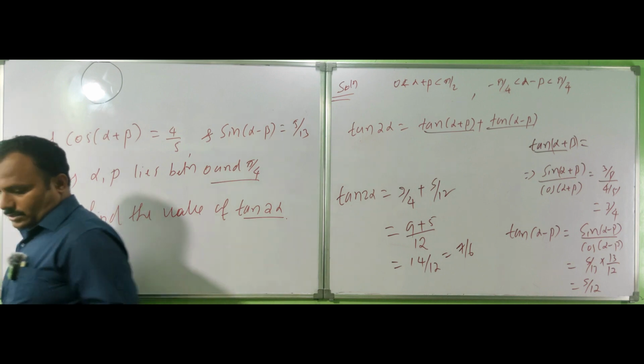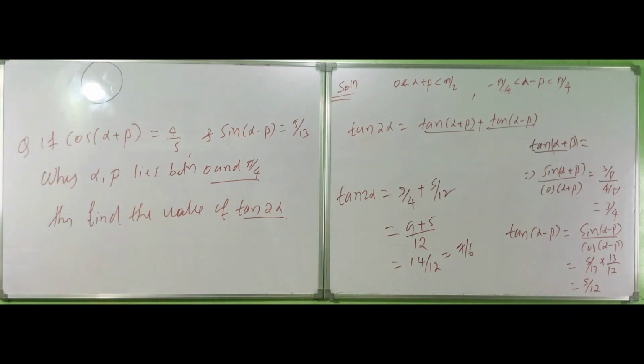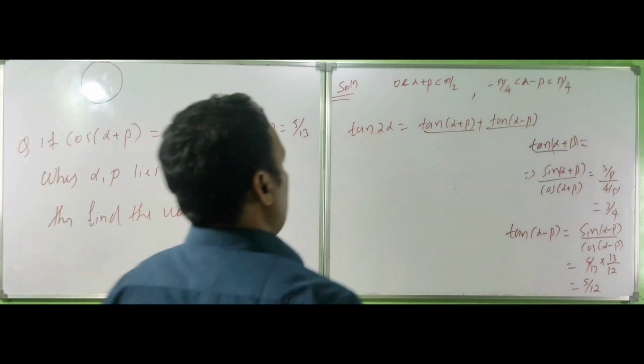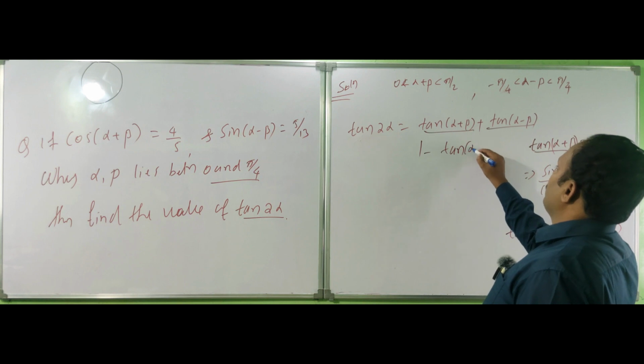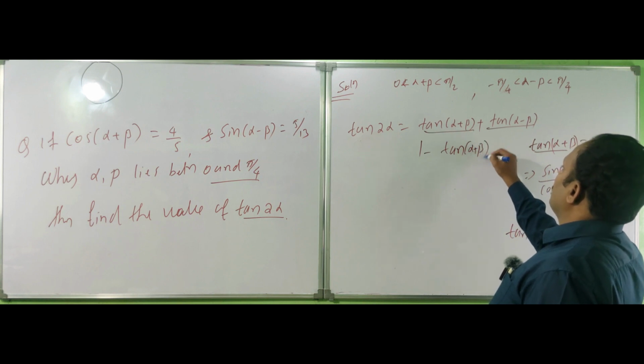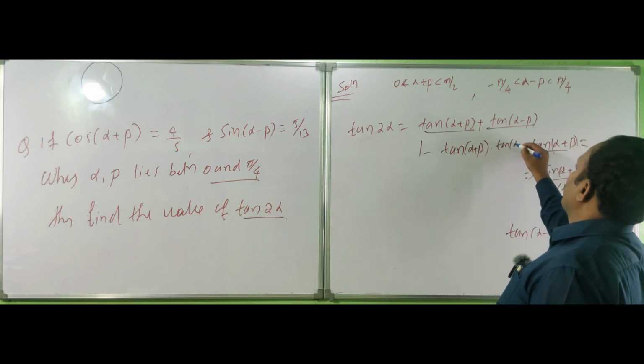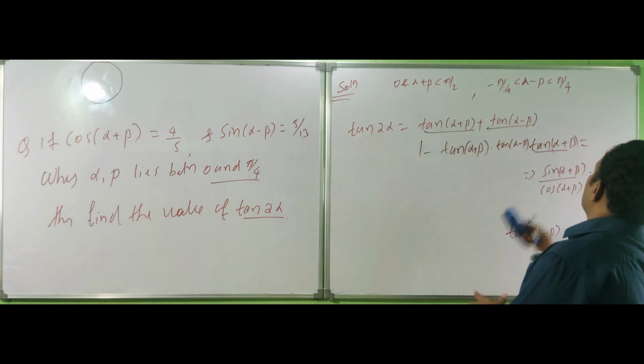Okay, sorry sir, I have changed the formula. Okay, this is the formula: 1 minus, sorry for the confusion, tan of alpha plus beta into tan of alpha minus beta.